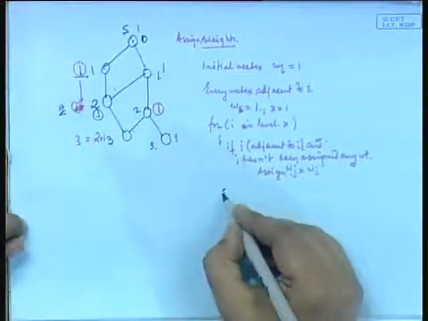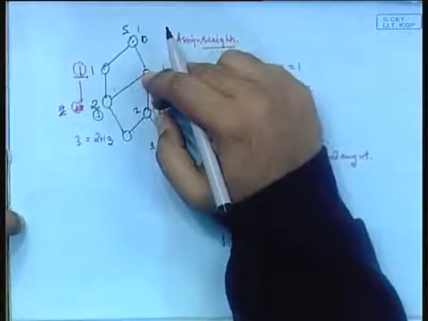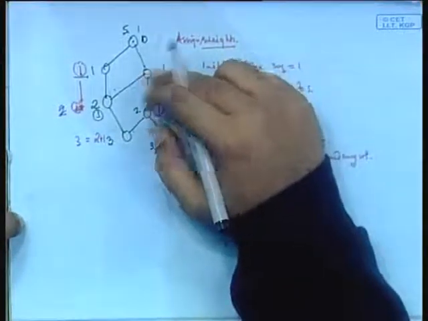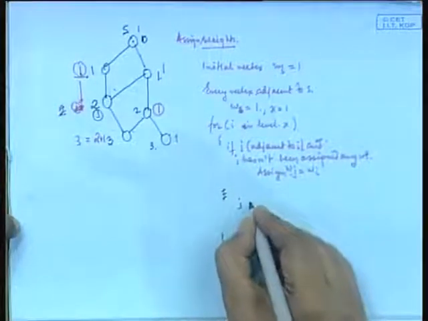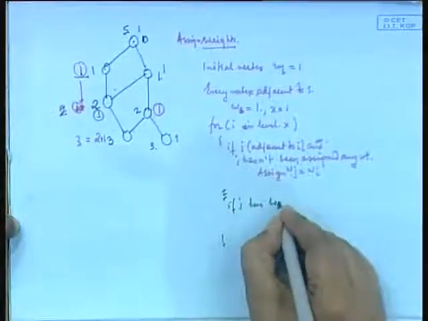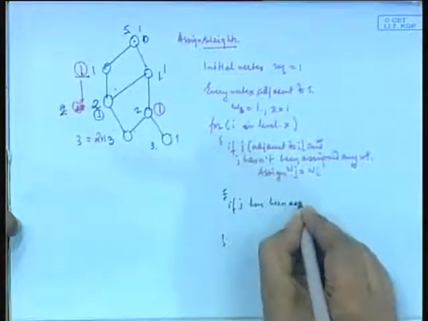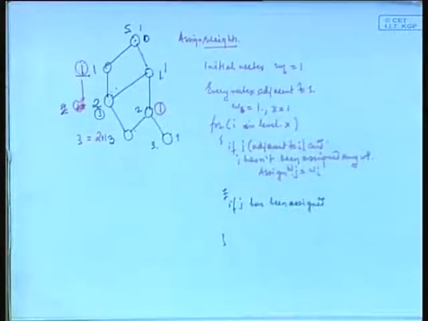Now, think of this. Now, we come to this node. Here, when we see j has already been assigned, then what is the condition we have to check?